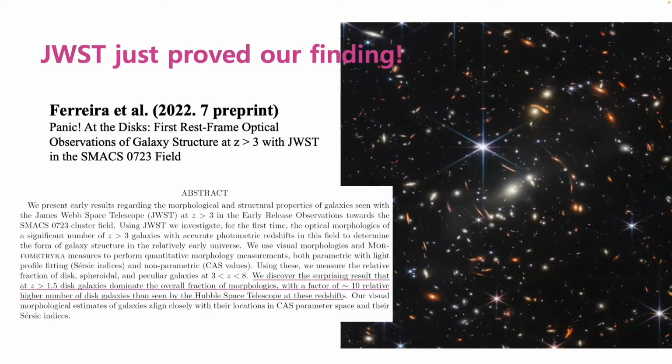They say that they discovered a surprising result. It's not surprising at all, we already predicted it. At redshift greater than 1.5, disk galaxies dominate the overall fraction of morphologies, which was a factor of 10 more than that seen by HST.